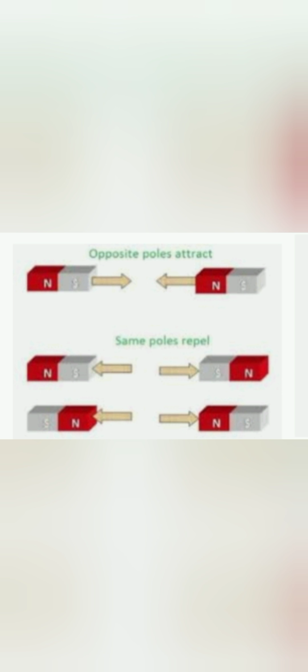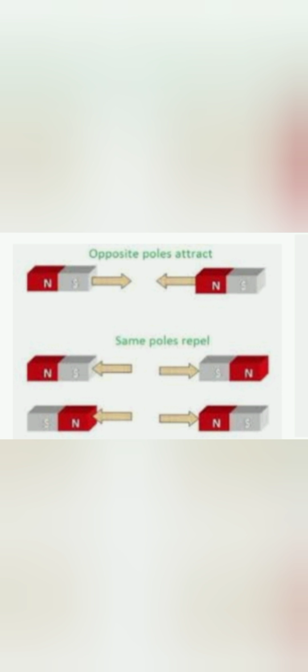Now, bring the south pole of another magnet near the south pole of the suspended magnet. You again observe repulsion of the south pole of the freely suspended magnet. This shows that like poles of the two magnets repel each other.